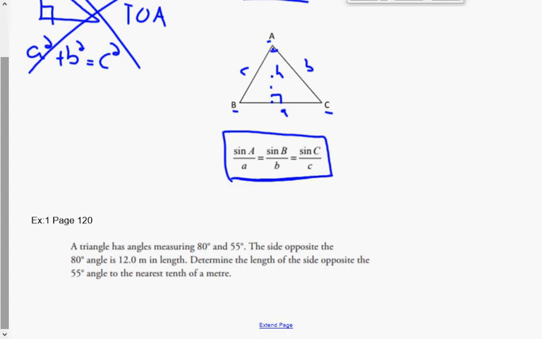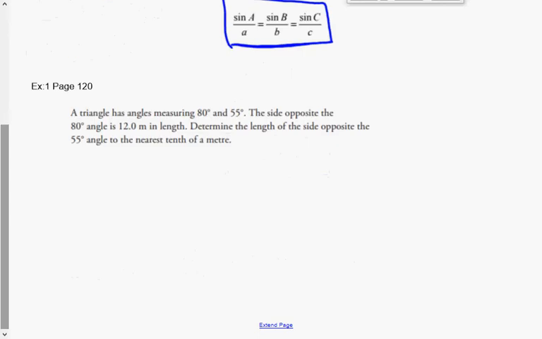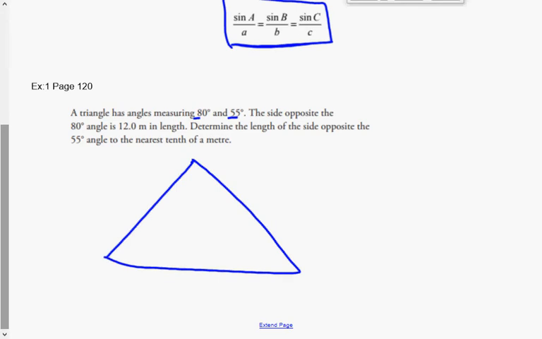All right, so the first example, you don't have to write this down. I'll draw the triangle and then go from there. A triangle has angles measuring 80 and 55 degrees. Those are all straight lines. So one's 80.